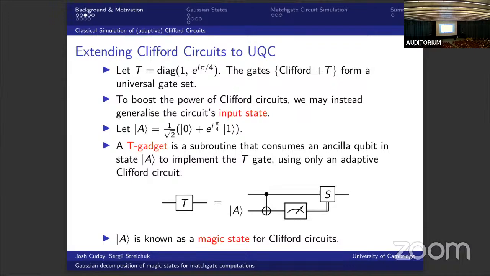We take the line we actually want to put our T gate on, and we take one copy of an ancilla, we apply a CNOT, we take a measurement in the computational basis, and then we apply a correction operator dependent on the outcome of this measurement. If you go through and check that, you can see that this exactly implements a T gate. And since having access to these states A boosts the power of Clifford gates to a universal set, somehow magically, they're known as magic states for Clifford circuits.